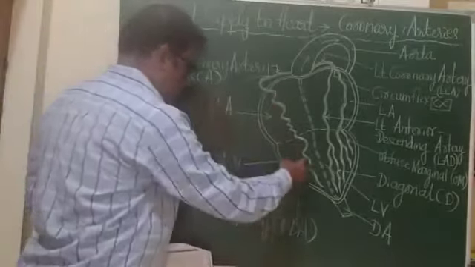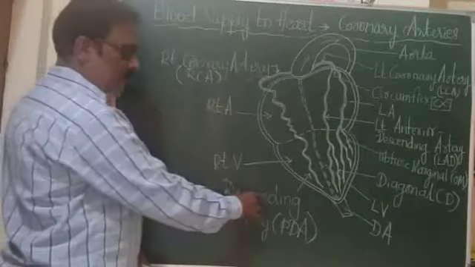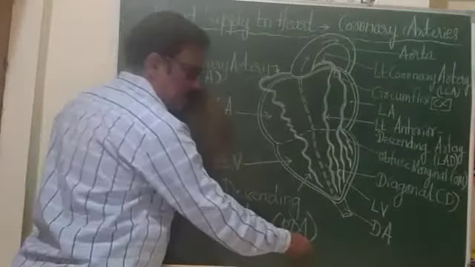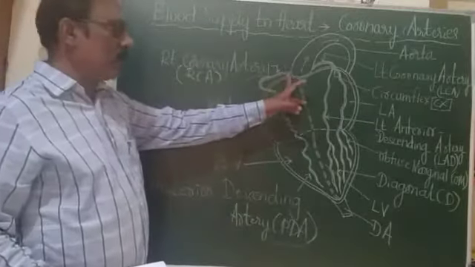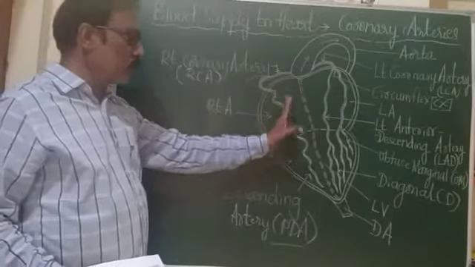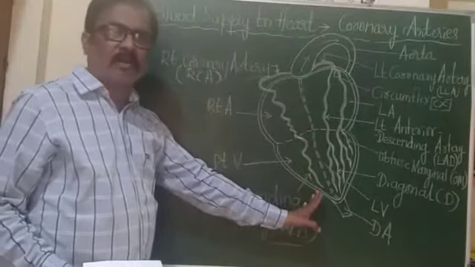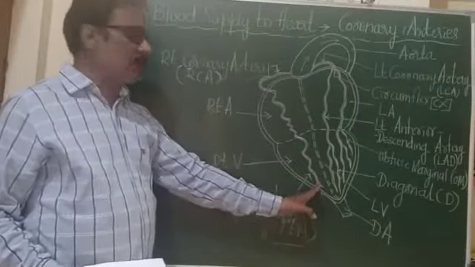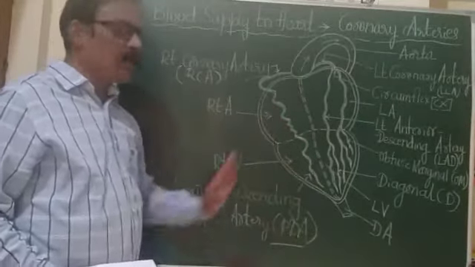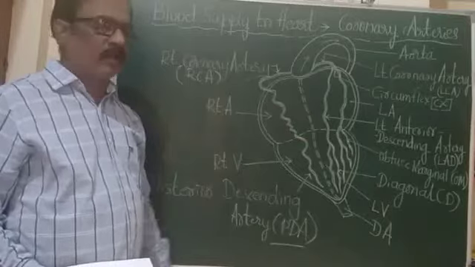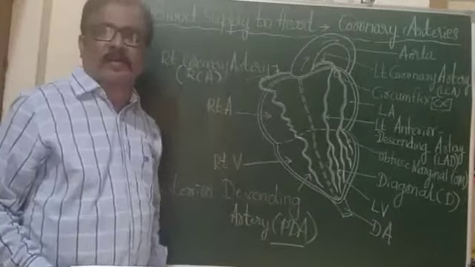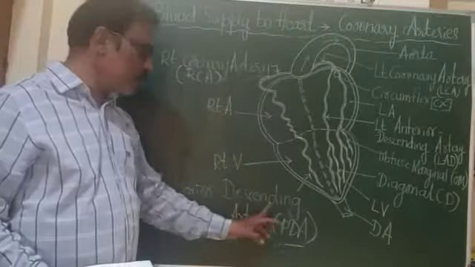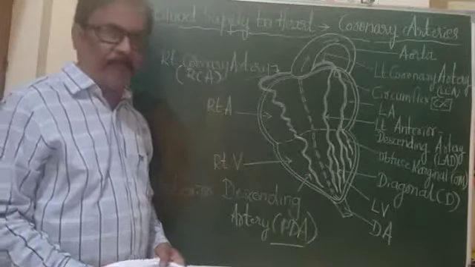This branch is referred to as the posterior descending artery, that is PDA.